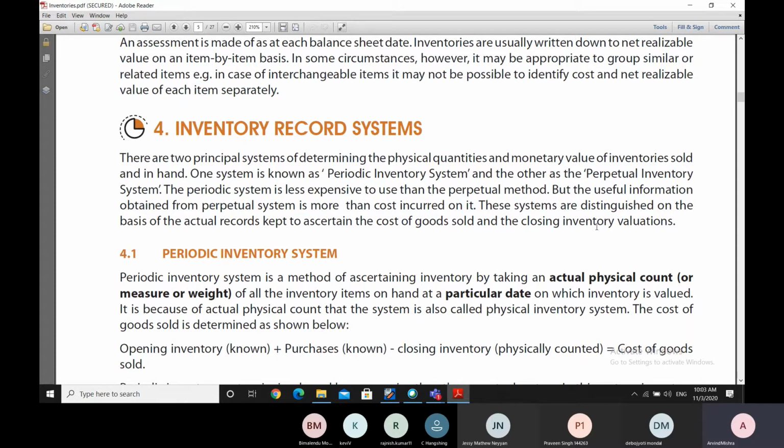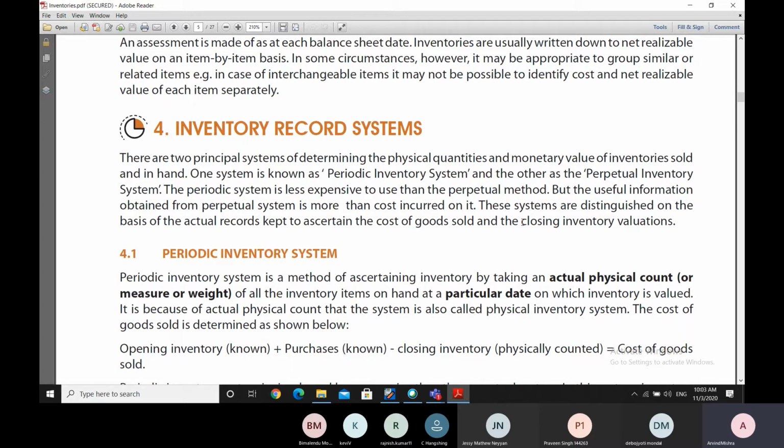And of course, the closing inventory valuations help us to find out the cost of goods sold. The closing inventory valuation helps us to find out the correct current assets, and the correct current assets help us to find out the exact financial position of the business.